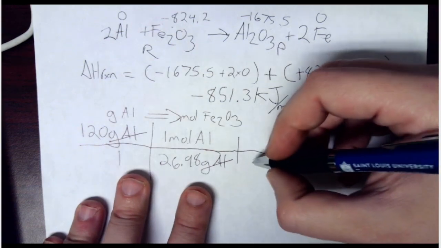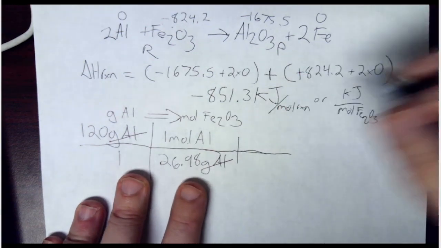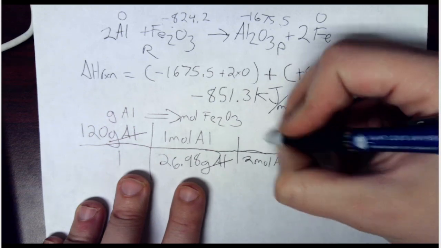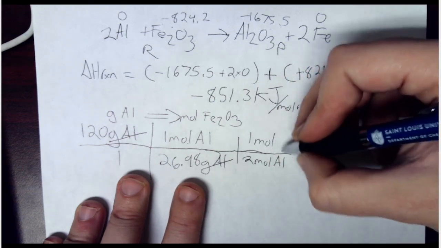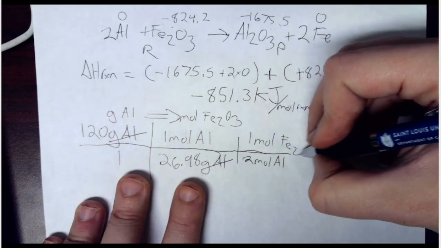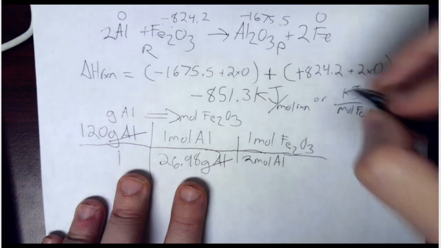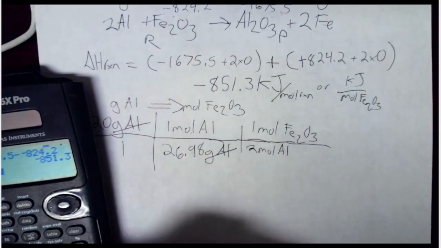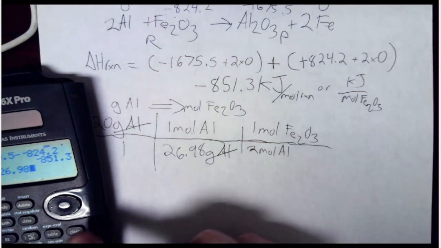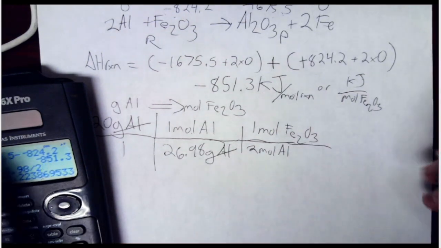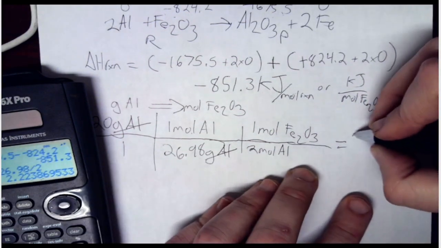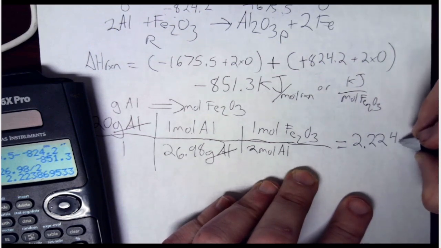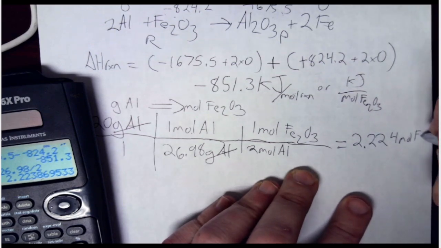And then for every 2 moles of aluminum, we would get 1 mole of iron oxide. So 120 divided by 26.98 divided by 2 would give us 2.224 moles of iron oxide.